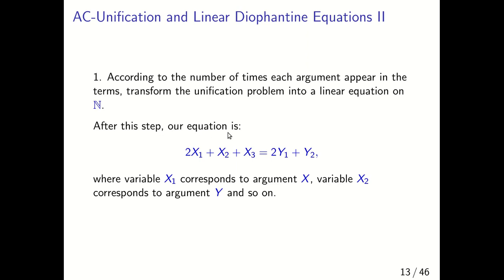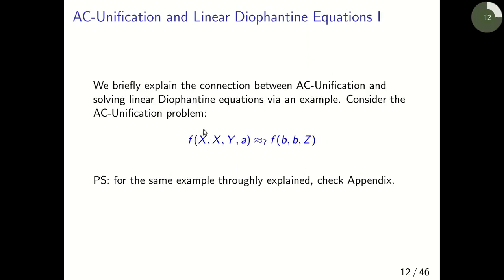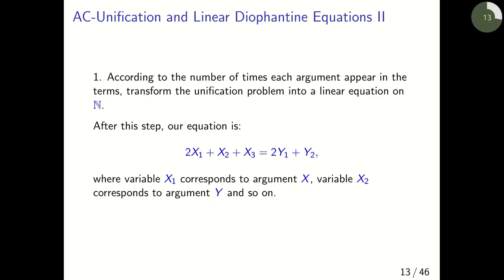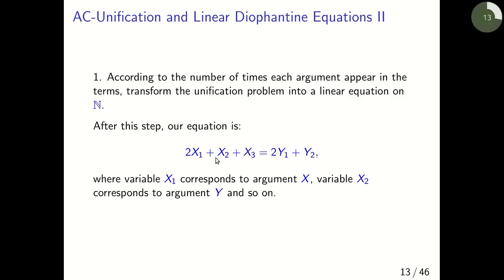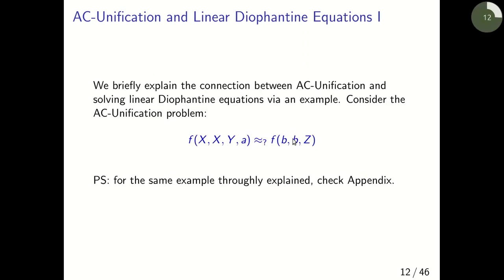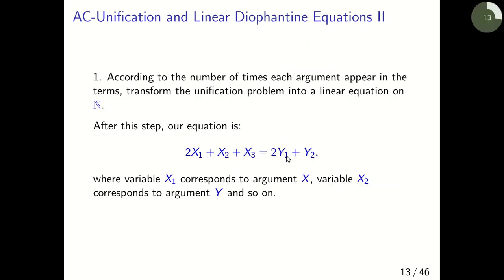So after this step, our equation becomes 2x1 plus x2 plus x3 equals 2y1 plus y2. Here, the variable x1 corresponds to argument x. The x here appears twice, so the coefficient is 2. Variable x2 corresponds to argument y. Y appears only once, so the coefficient is 1. The variable y1 here would correspond to b, and since b appears twice, it's 2y1.